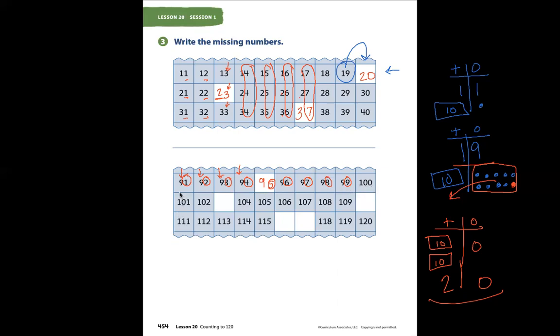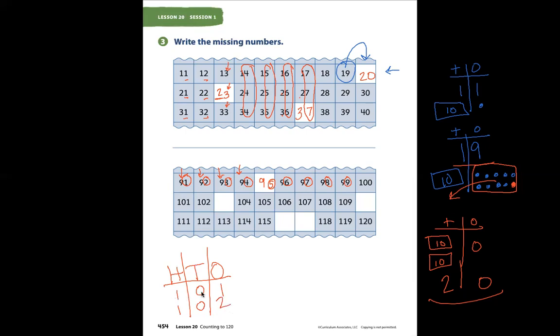Whew, now we're in the hundreds. When we have hundreds, we have hundreds, tens, and ones. So we have 100, 0 tens, 1 one, right? 102. 100, 0 tens, and 2 ones.